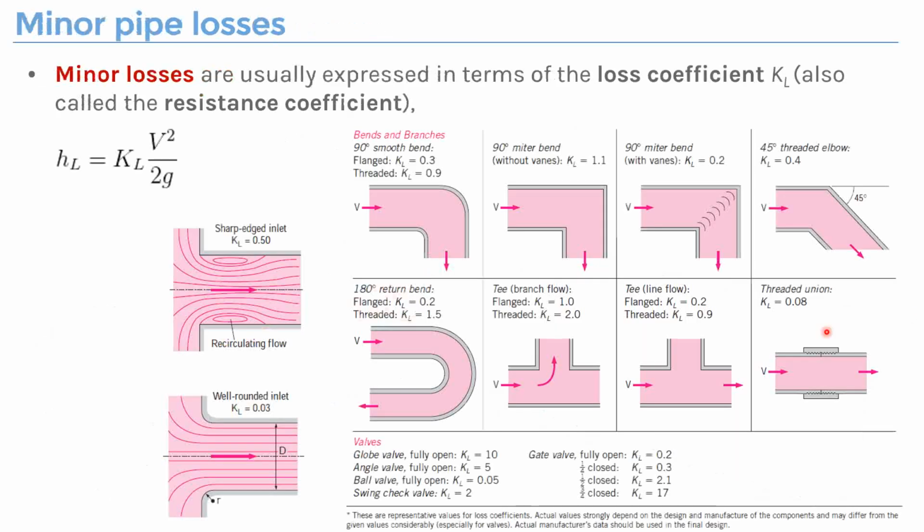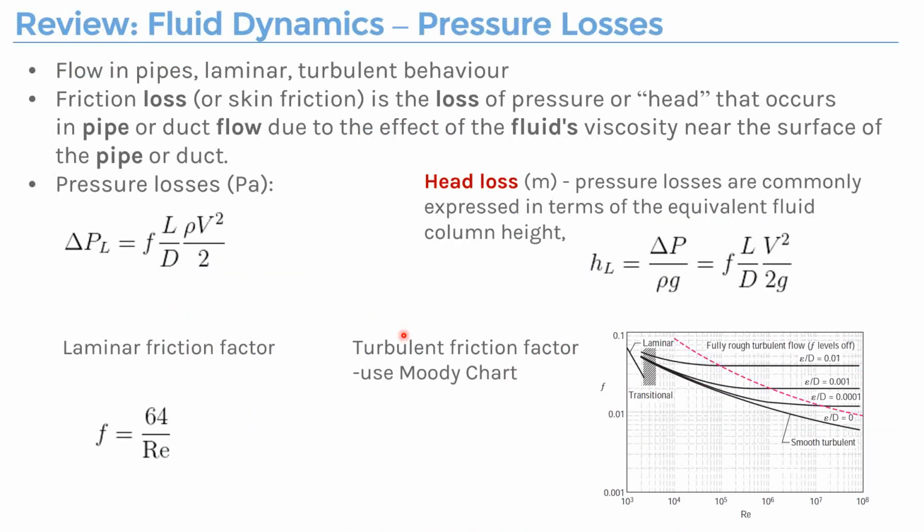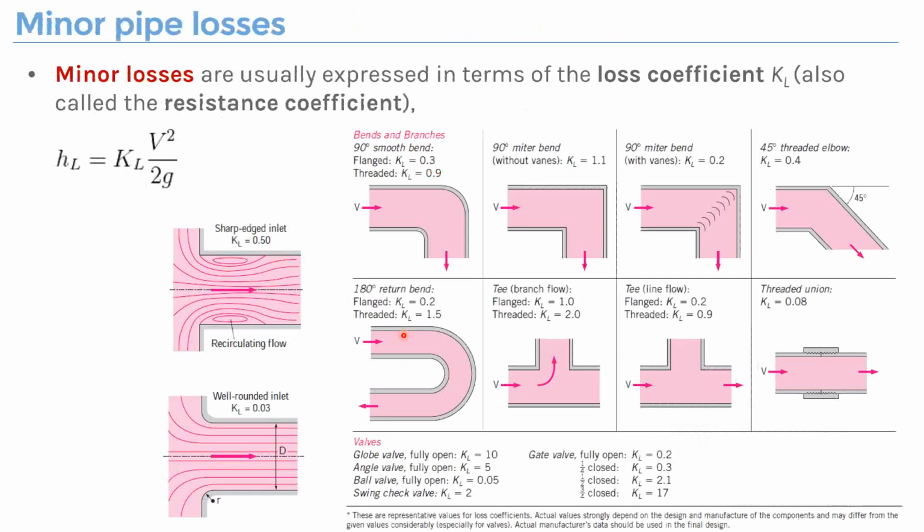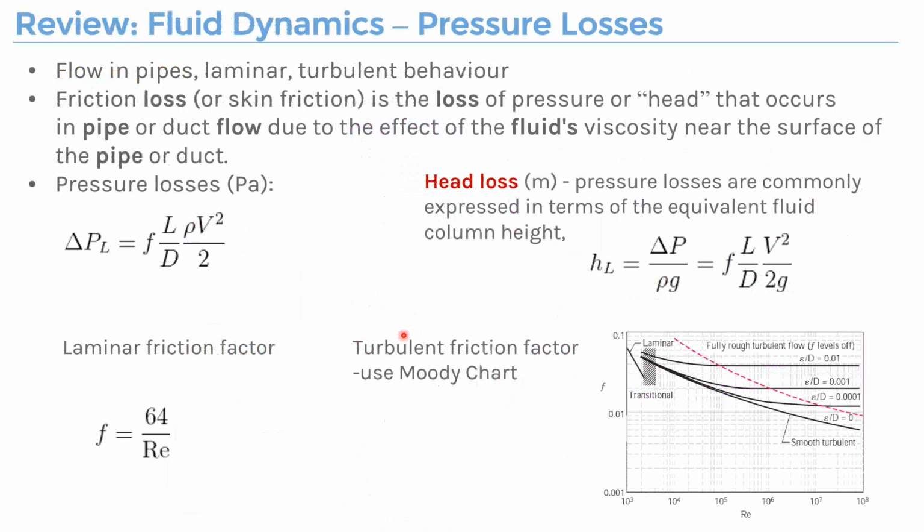If you go back to check some tables, you will find different structures give different minor losses, and different lengths of pipes would have different pressure losses. Those parts you need to consider in your assessment for this condenser design. So that's the part for fluid dynamics.